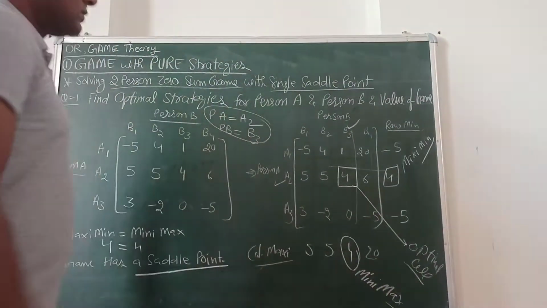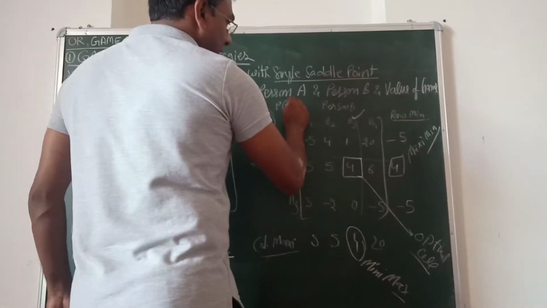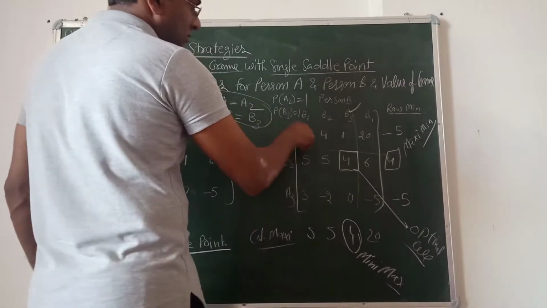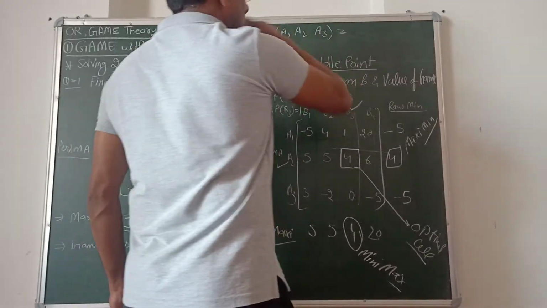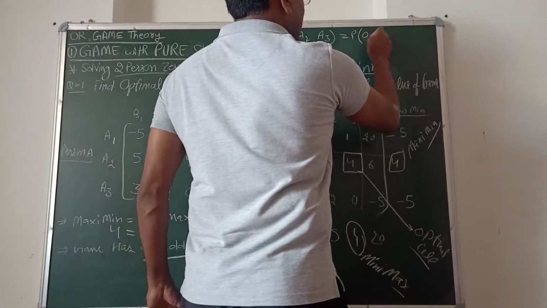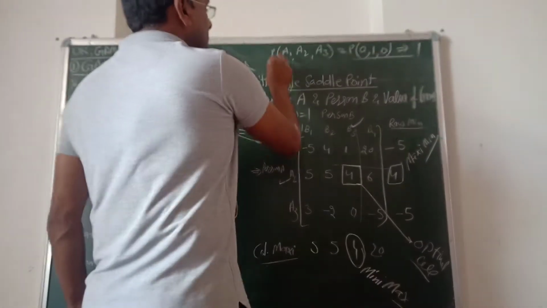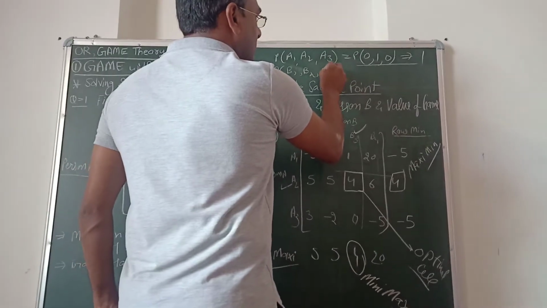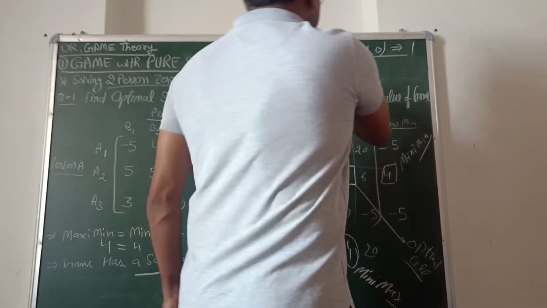Okay, and the probability of selection of A2 is 1. Similarly, probability of B3 is also 1. The probabilities of selection of different strategies P of A1, A2, A3: A1 is not utilized, A2 is utilized, and total probability is 1, as it must be 1. Similarly for B, what is the probability of utilization of B1, B2, B3 and B4?